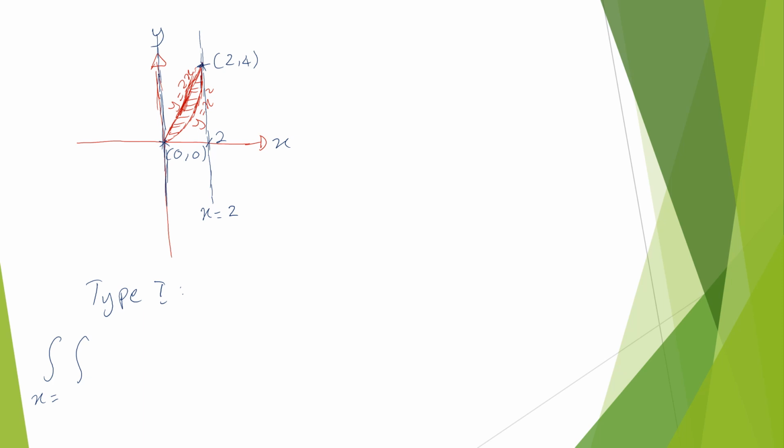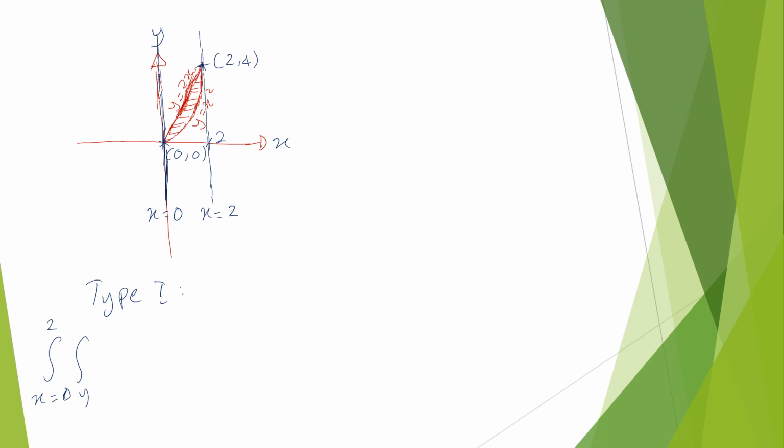And our blue line here is x equals 0, which is the y-axis. So we can write down x equals 0 and x equals 2.